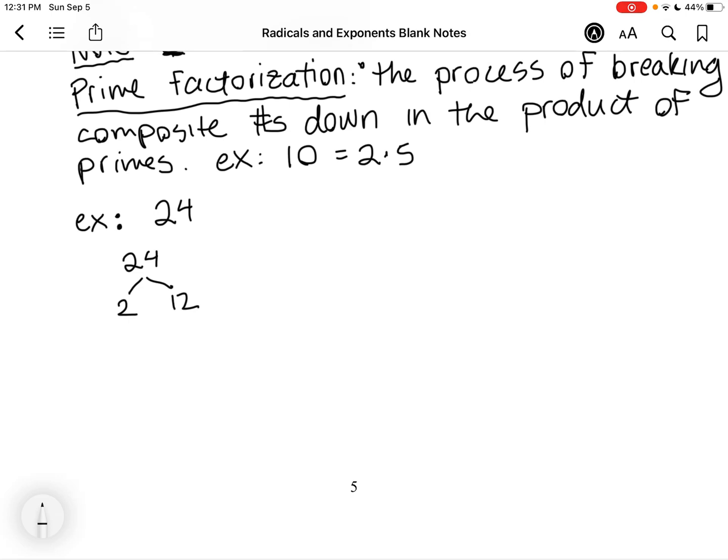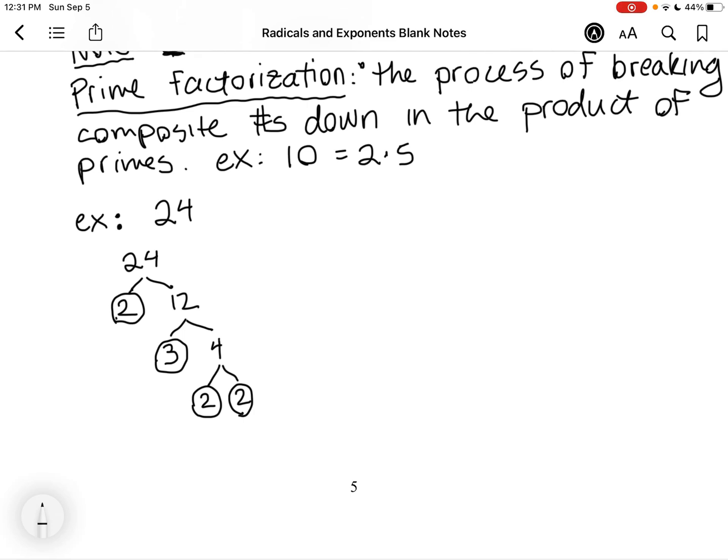The idea with this is that if one of the ends of the two branches is prime, that branch ends. So 2 is prime, so that's going to end. 12 is not, though. I can break that down further, into like 3 and 4 maybe. 3 is prime, but 4 is not. 4 can be broken down into 2 and 2.